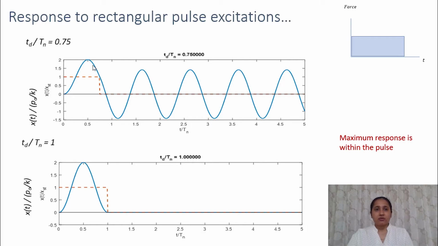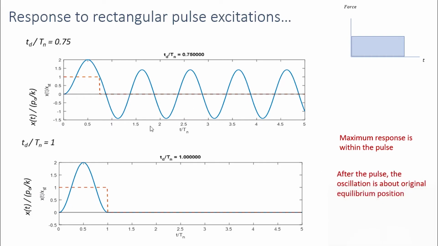But now the maximum response is within the pulse. And we can see that during the pulse, the oscillation is about this static deformation, and after the pulse, that is during the free vibration, the oscillation is about the original equilibrium position, that is when the displacement is 0.